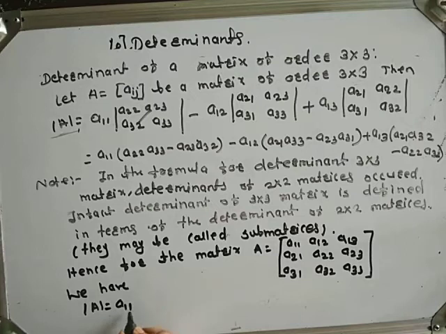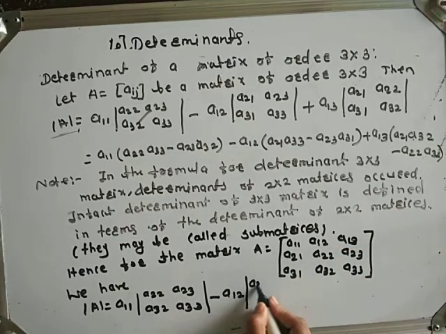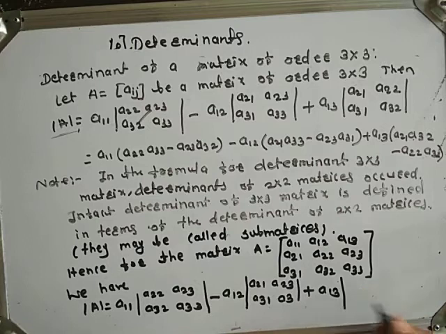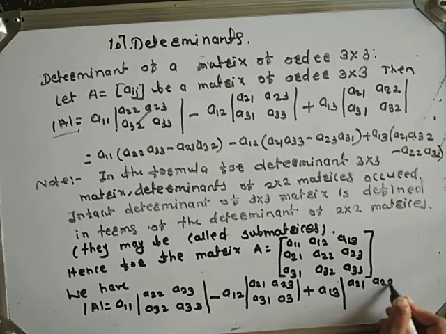A11 into determinant of, delete the first row and first column, the submatrix remains A22, A23, A32, A33. Minus A12 into determinant of, delete the first row and second column, the submatrix remains A21, A23, A31, A33. Plus A13 into determinant of, delete the first row and third column, the submatrix remains A21, A22, A31, A32.